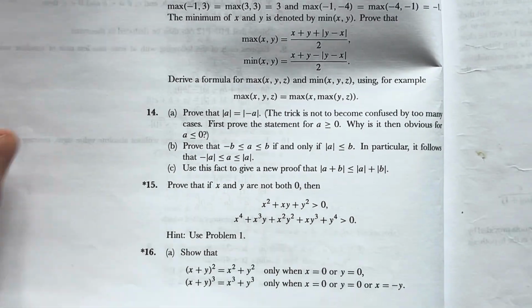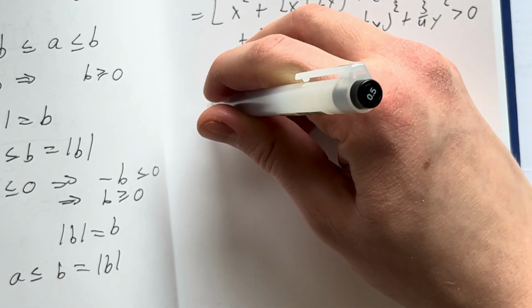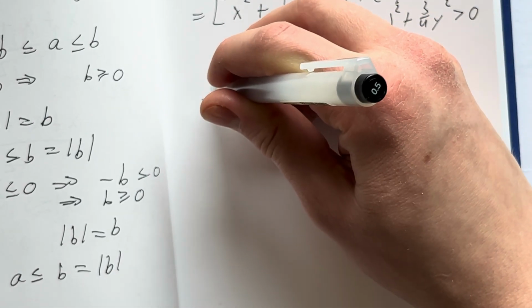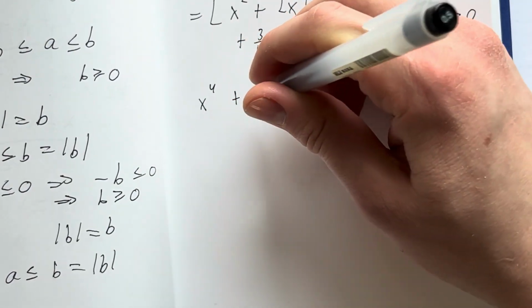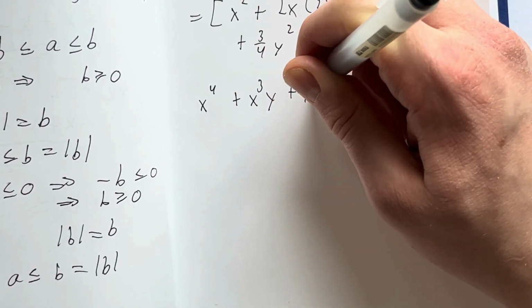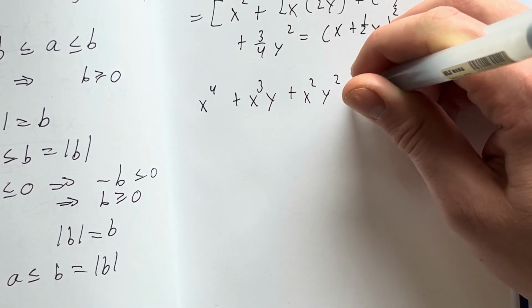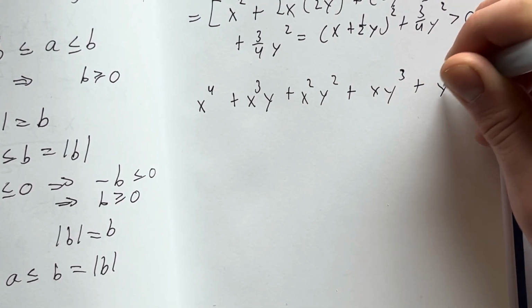So let's first write the problem down. x to the 4th plus x cubed y plus x squared y squared plus x y cubed plus y to the 4th.